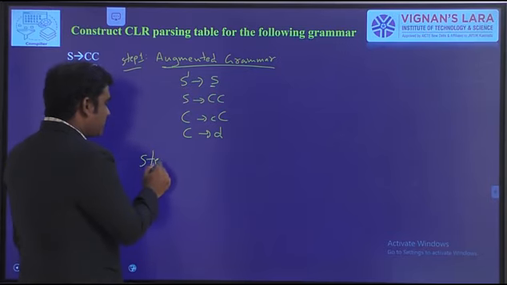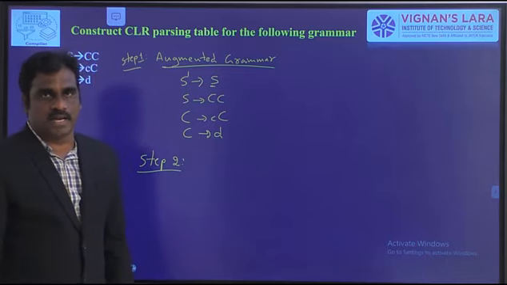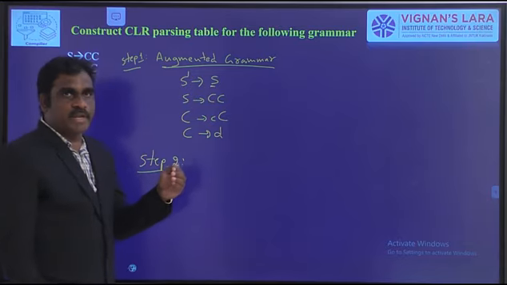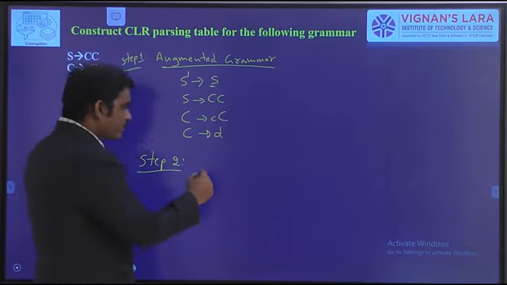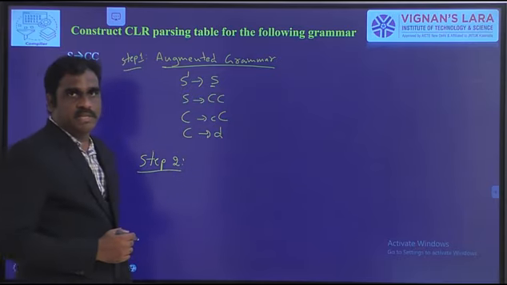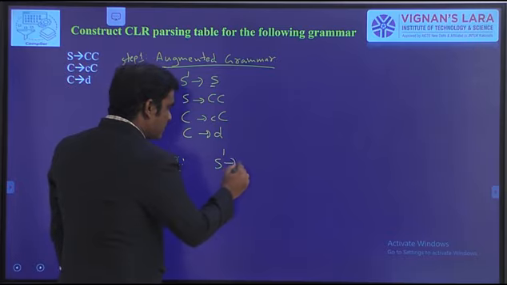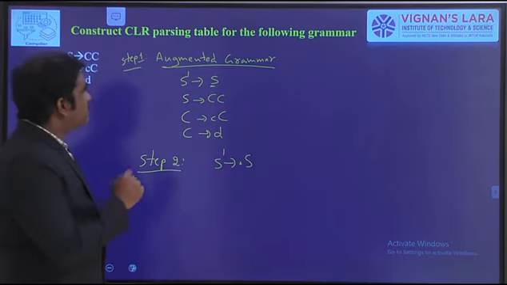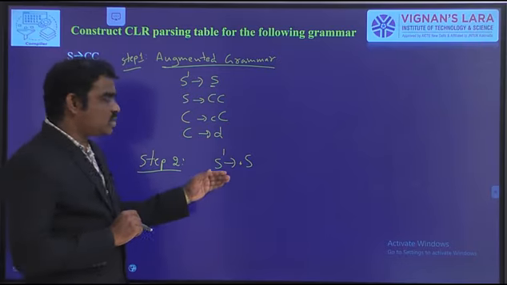Now step 2 is to construct canonical LR of 1 items. In this step, first we have to apply the dot operator. This is very important. Take the first production, S dash to dot S. This is a CLR problem, so we have two components.